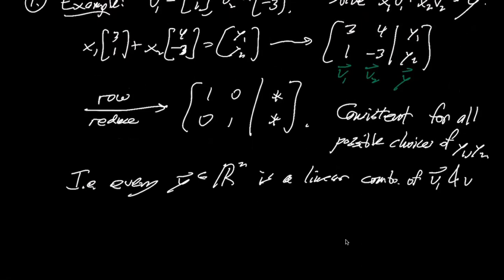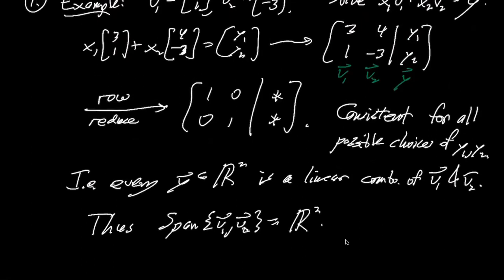And that just means that the span of V1 and V2 is all of R2. So the span could be the entire plane: every vector can be generated from V1 and V2 just by scaling and adding.